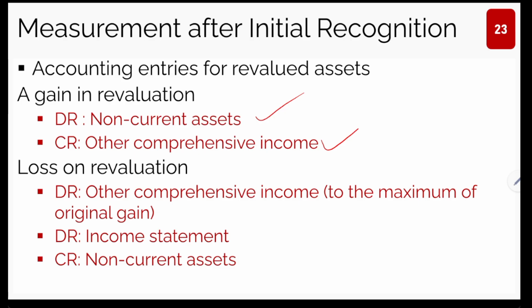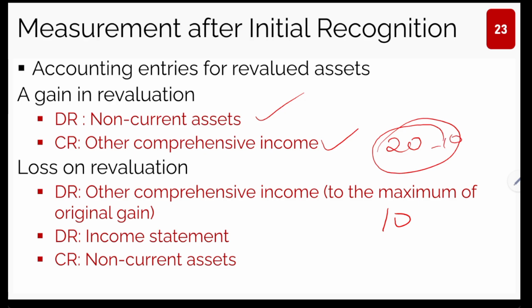But on the reverse, when there's a loss on valuation, you then debit OCI only to the maximum of what you have ever credited. So what we're saying is, in the last year, there was a gain of 20. In the current year, there's a loss of 10, right? So remember that you had already shown a gain of 20. So you would go back and debit up to the maximum. Our maximum is actually more than what we have, so minus 10.